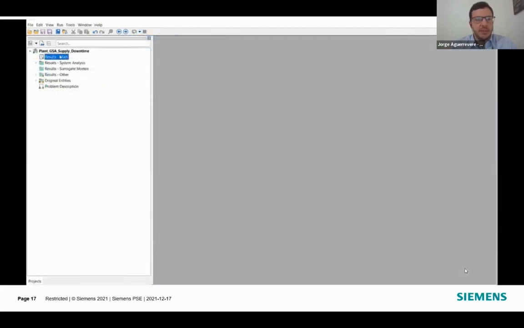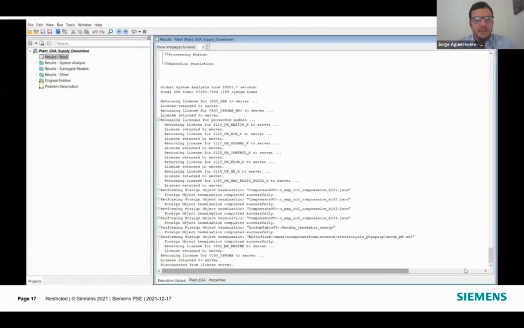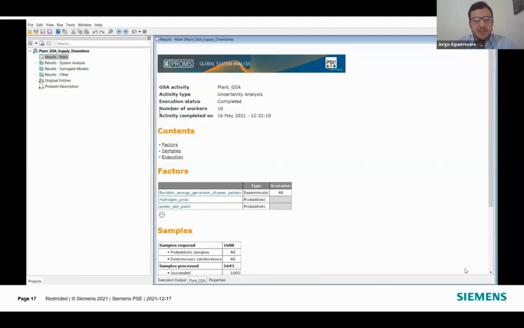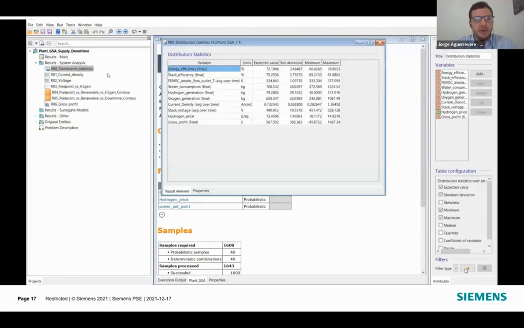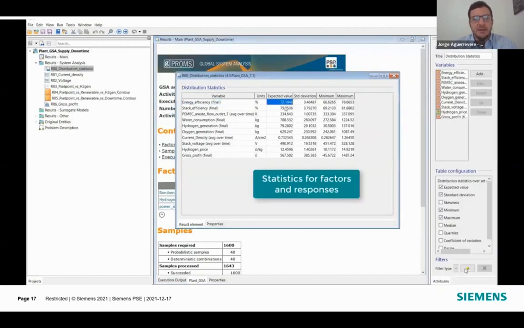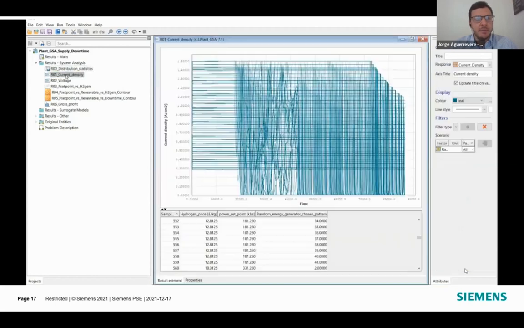It can be deployed to HPC machines, but essentially what we get in the end is, in this case, 1600 simulations of different weather profiles and how the system performs under them, and we can start to see what our expected efficiency is, what our expected production is as an average over that time.